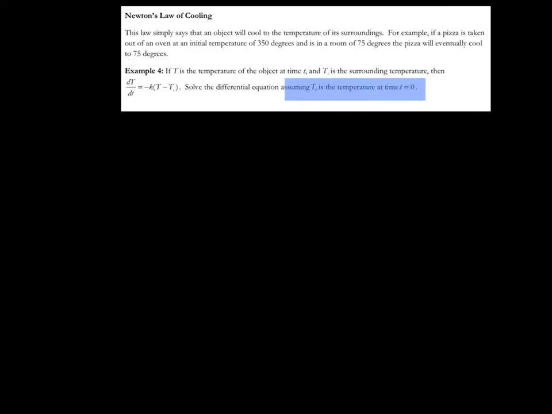Okay, so we are going to solve it the same way that we did before. We are going to get all of the capital T's on the left and all the little t on the right. So that's going to give us dT over capital T minus Ts, and that's equal to negative k dt.